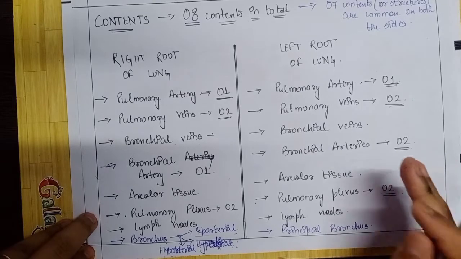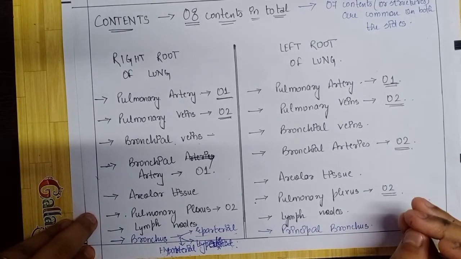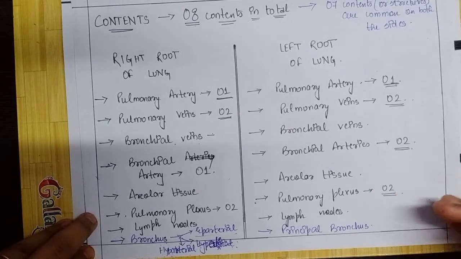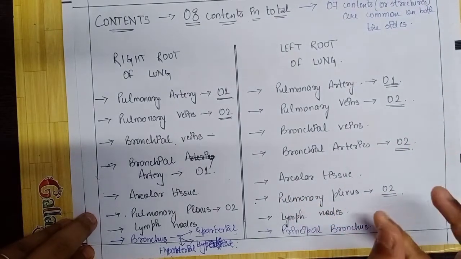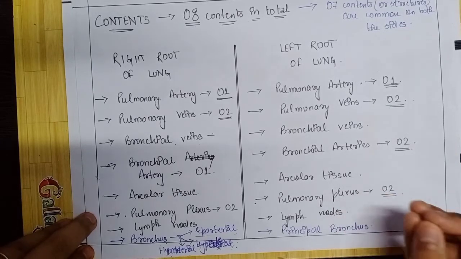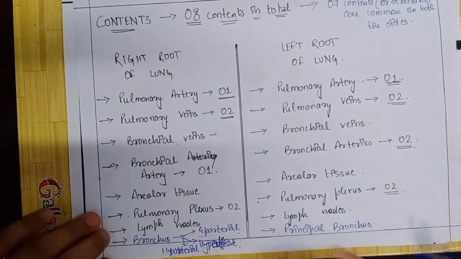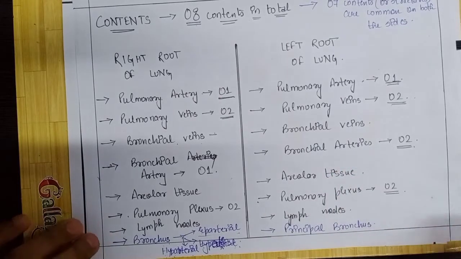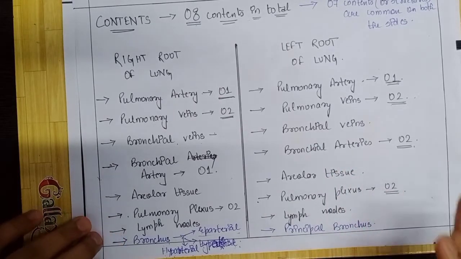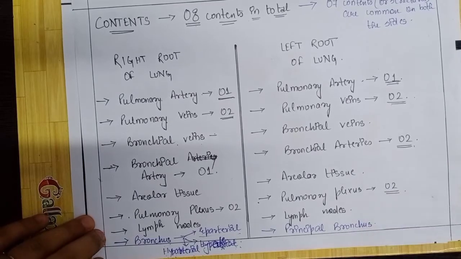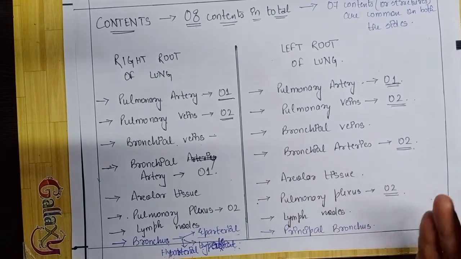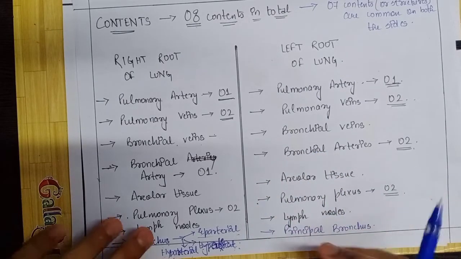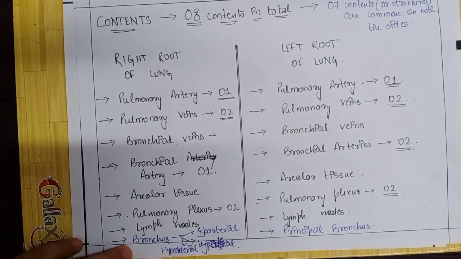So the arteries supply the pure blood to the body parts, whereas the veins take the deoxygenated or impure blood from the body towards the lung for purification, and also then to the heart. But in case of lungs alone, the whole system is vice versa. The whole system is totally opposite.